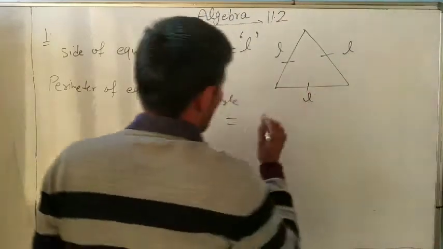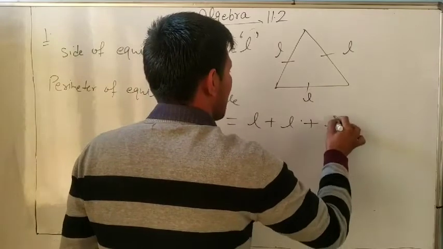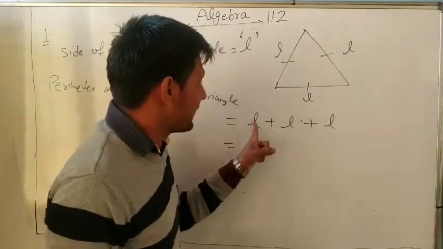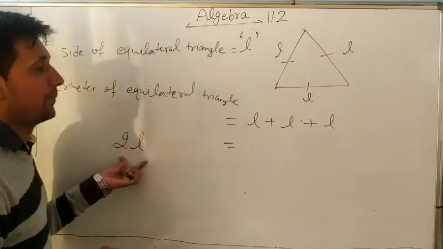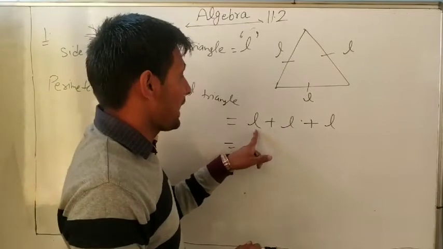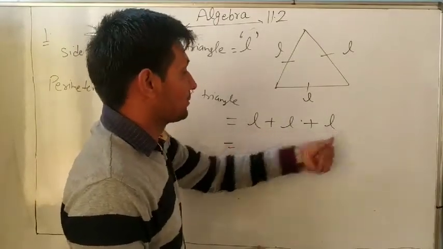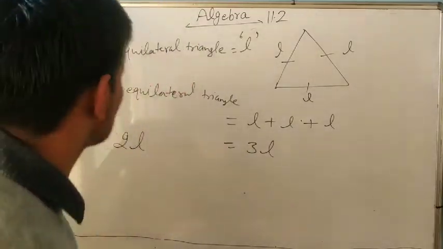So L plus L plus L. L means 1L. If I write 2 into L, it means 2L. 1L plus 1L is 2L, 2L plus 1L is 3L. Understand? It is your answer.